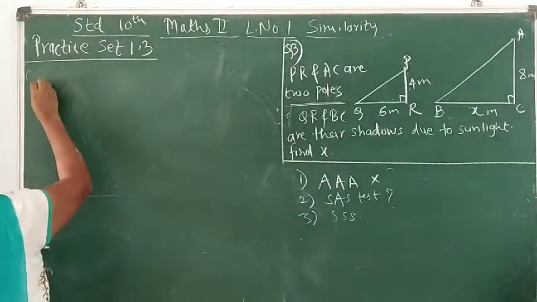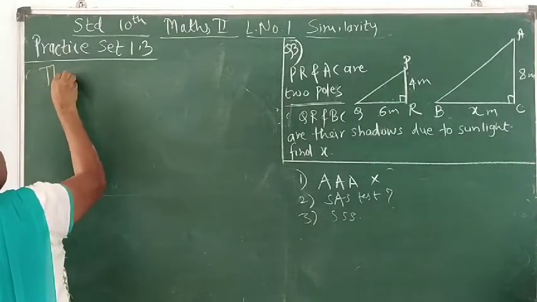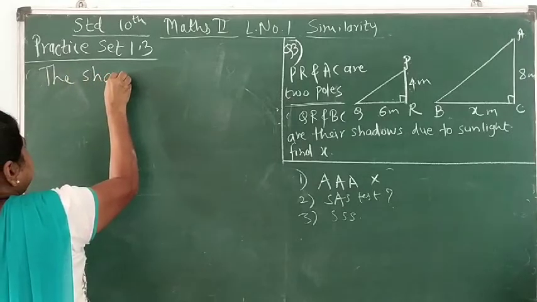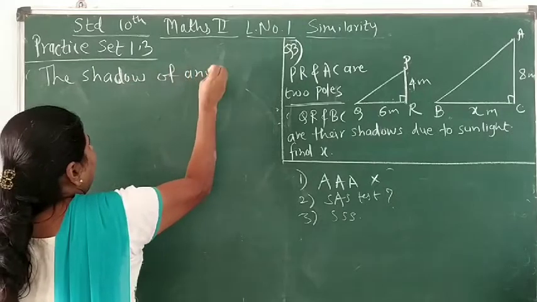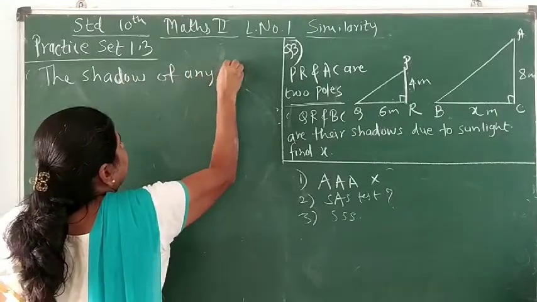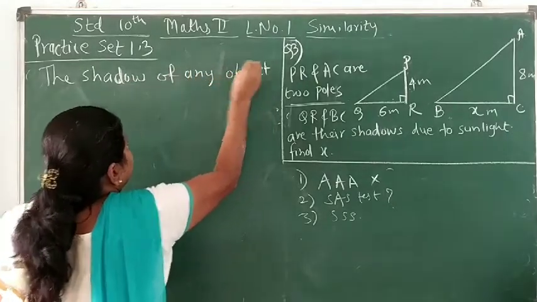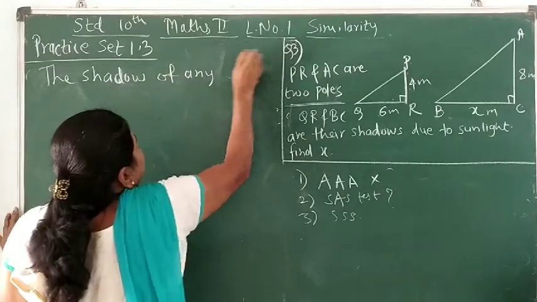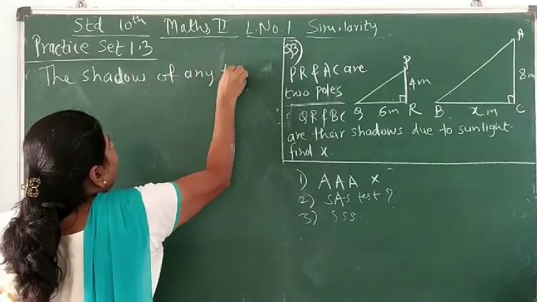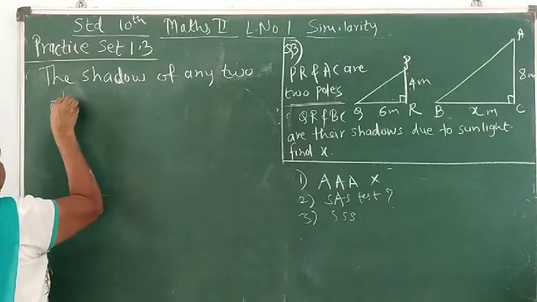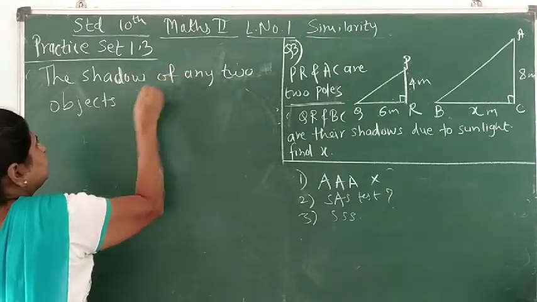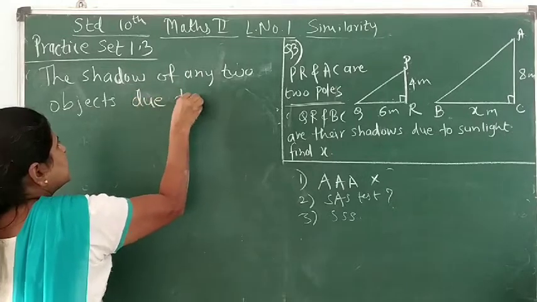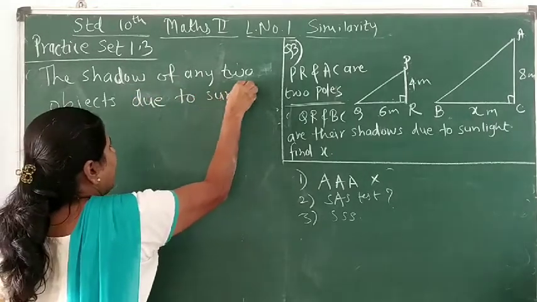We should write the statement that the shadows of any two objects due to sunlight are in proportion to the height of the objects. Why only sunlight?